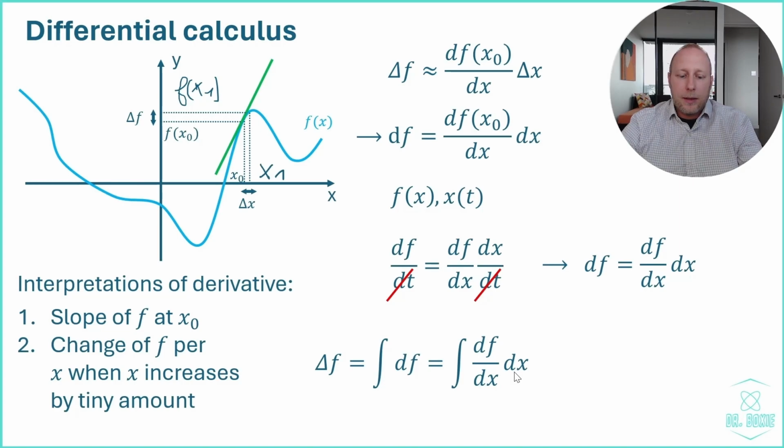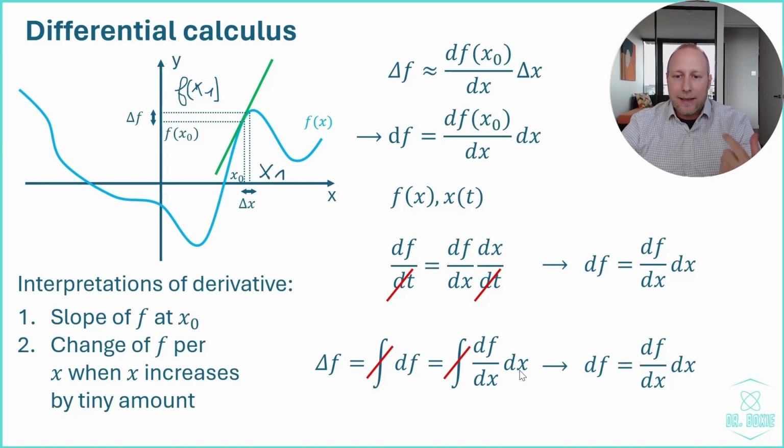But if we go again with the integral of df and we apply a change of variables, we apply the substitution rule, we get an integral of df by dx times dx, where we changed from a variable f to a variable x. Now, if we get rid of the integral signs in this case, we get again that same expression. So another way of interpreting it, which is mathematically correct, is to say that what is written there is something that actually should go in an integral.